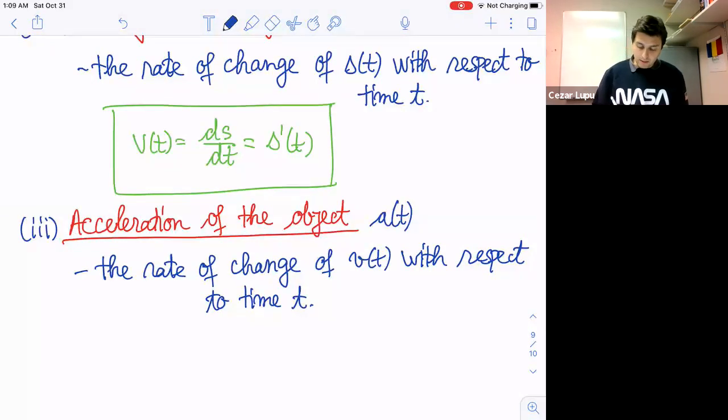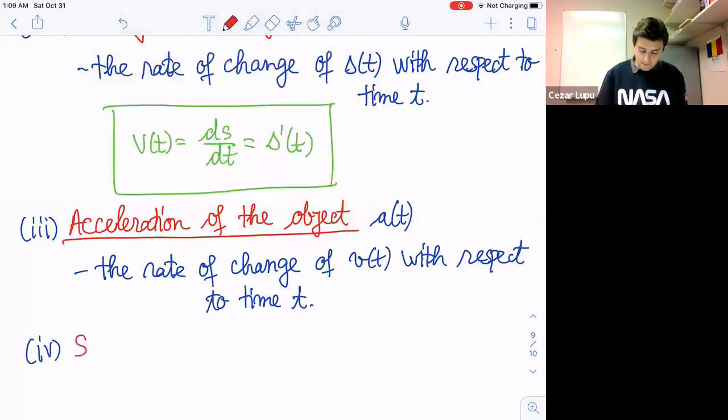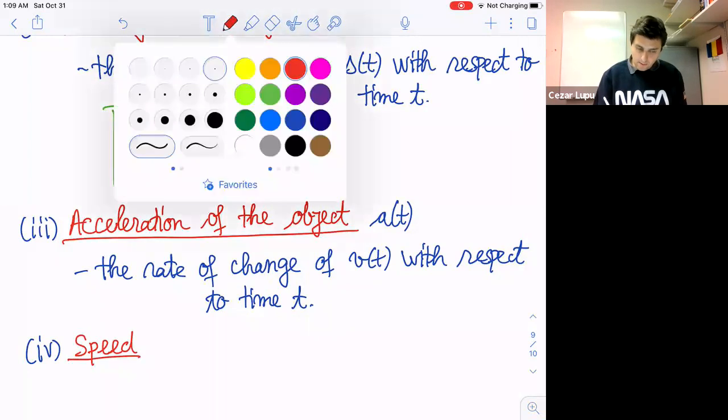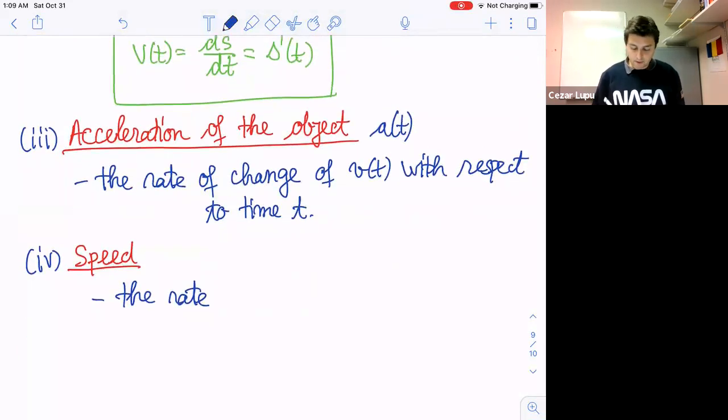And now the last one, the fourth one, we would like to talk about the speed. So the speed is the absolute value of velocity.